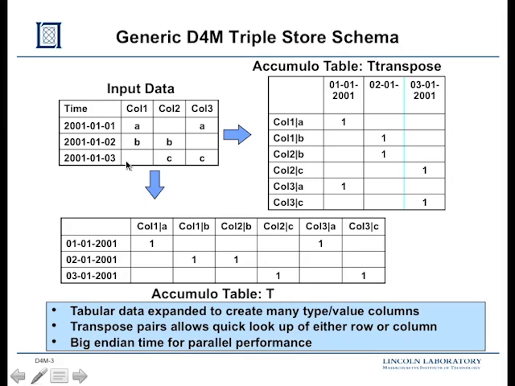We have an input data set that might look like a table like this, where our row key is somehow based on time, and then we have various columns which may or may not contain various data. The first thing we do is explode, because our triple stores can hold an arbitrary number of columns and can add columns dynamically without any cost.